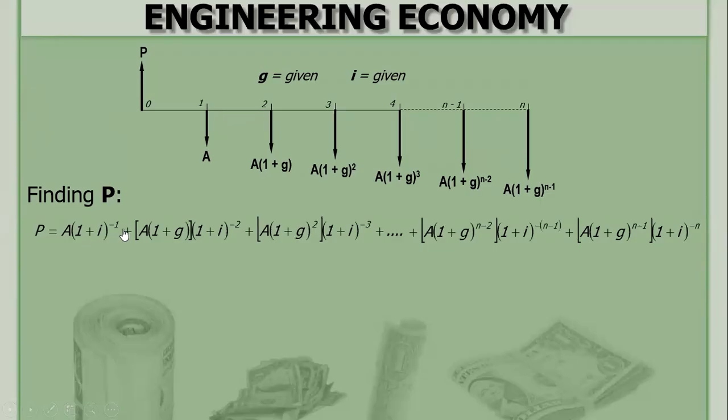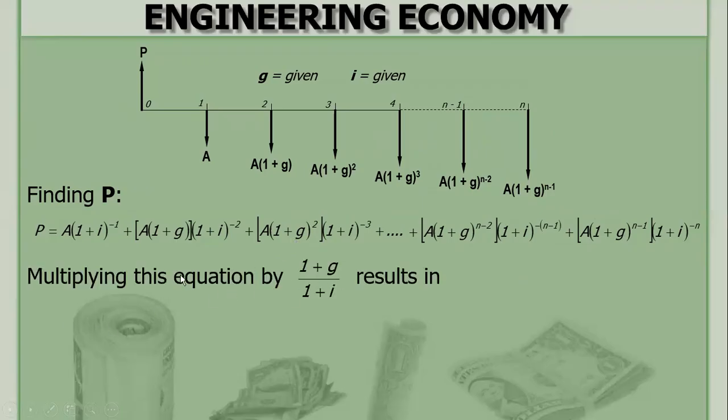A times 1 plus I raised to negative 1, A times 1 plus G times 1 plus I raised to negative 2, and then this one negative 3, negative 4, and so on. And then the second to the last term, A times 1 plus G raised to N minus 2, pero ang exponent sa 1 plus I is negative N minus 1. And then the last term, payment, tapos factor is 1 plus I raised to negative N.